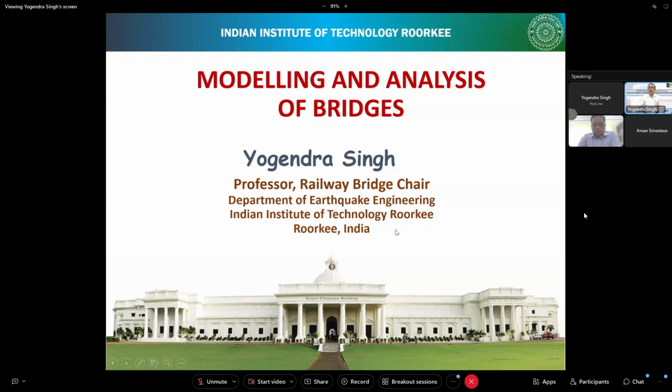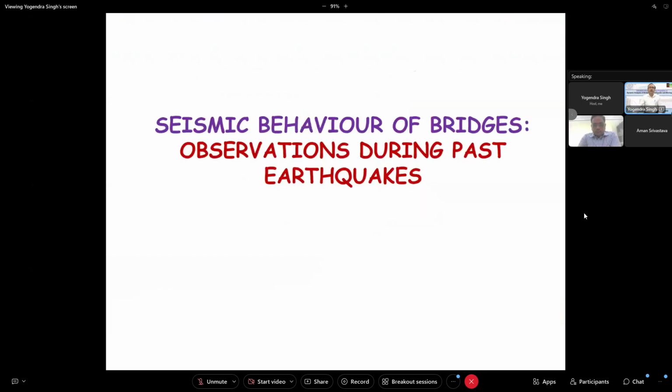Failures in the past have been reported especially in cable stayed or suspension bridges, where the wind can cause excessive dynamic response. In this course, we will not talk about this third aspect. We will limit our discussion to the first two aspects only, and in future we will talk about the third as well. We will start with the modeling of the bridges, and this modeling is applicable to all types of analysis.